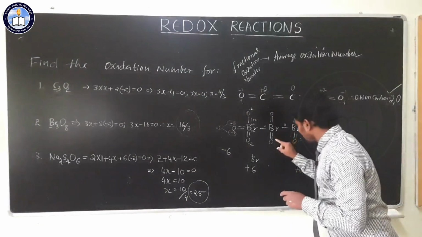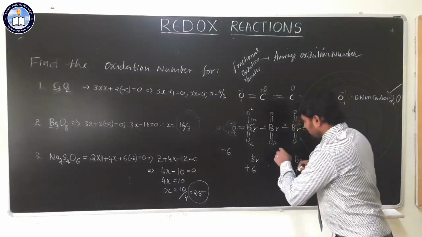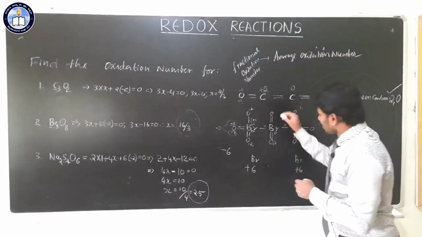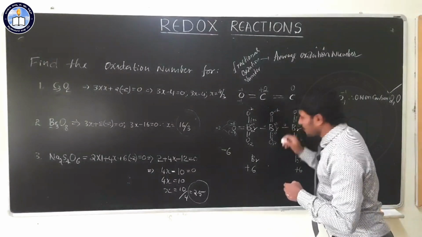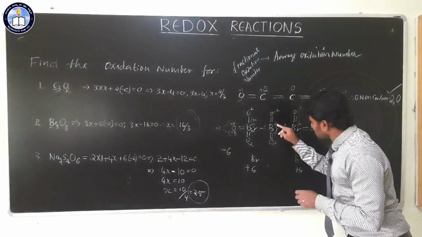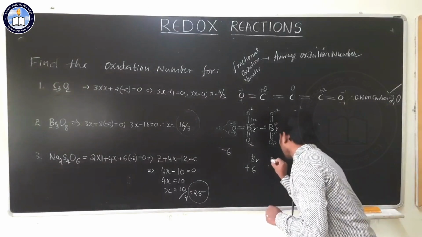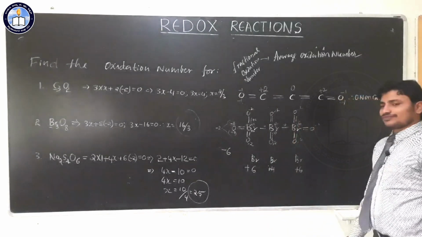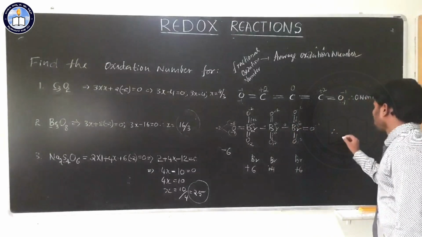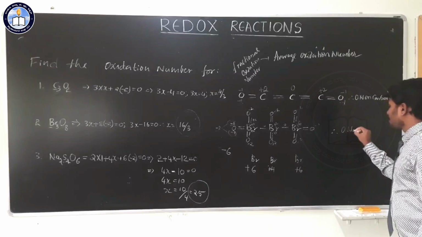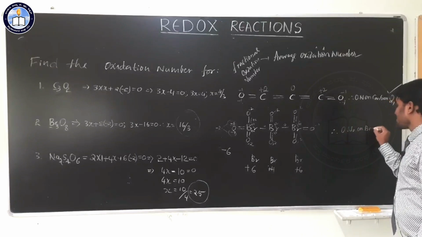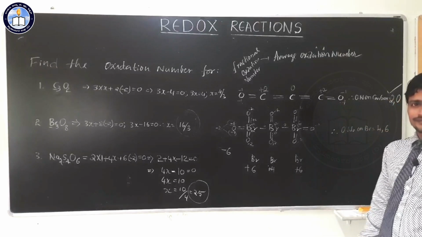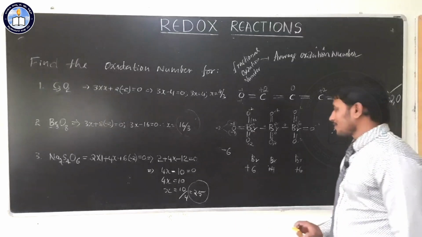But in this case, -2 means here I write +2, -2 means here +2, total 2 plus 2 equal to 4. Therefore the oxidation number on the middle Br is +4. So the oxidation numbers on Br are 4, 6, which is the right answer. This is the second one.